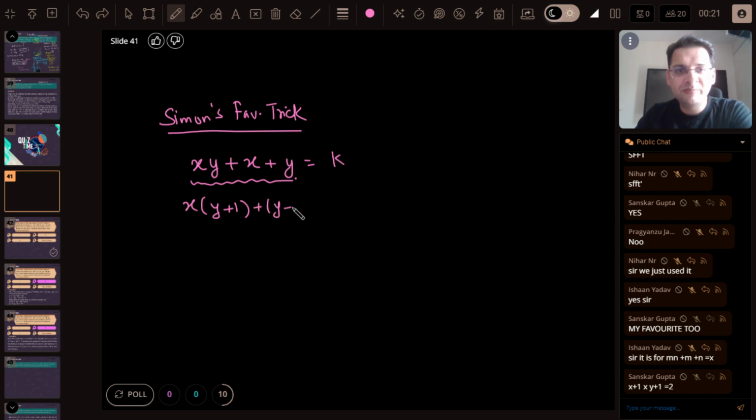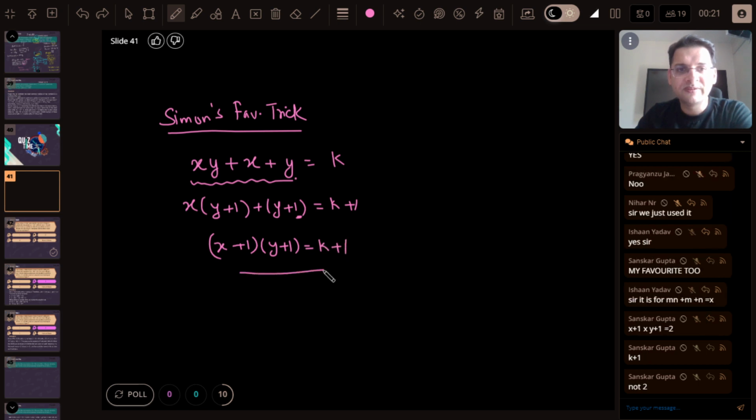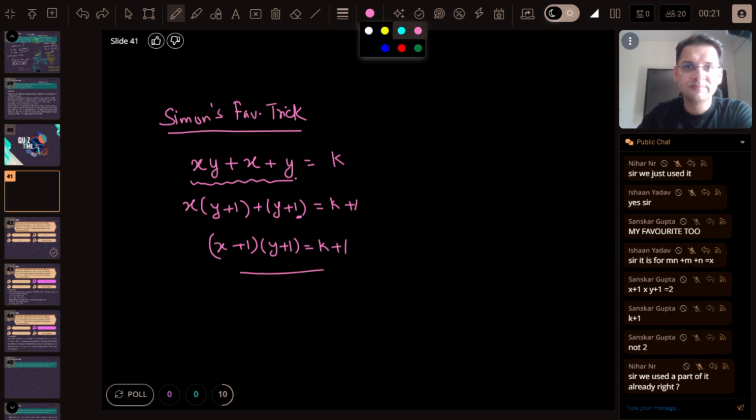So add 1 on both the sides, because this 1 we added to factorize. So (x plus 1) into (y plus 1) is k plus 1. Whatever the coefficients of x and y are, you will always be able to factorize.